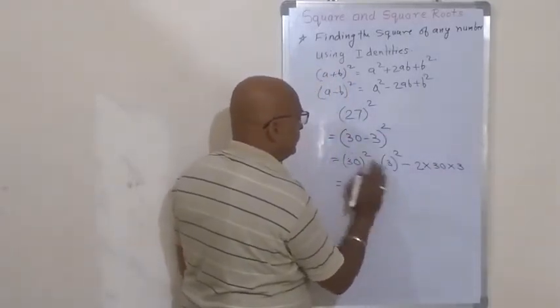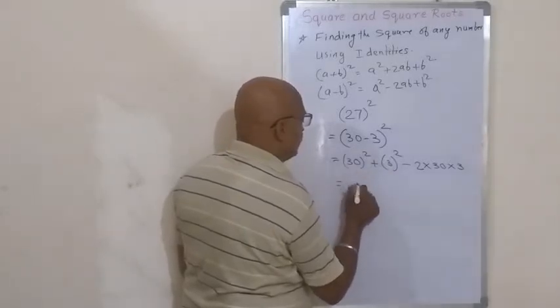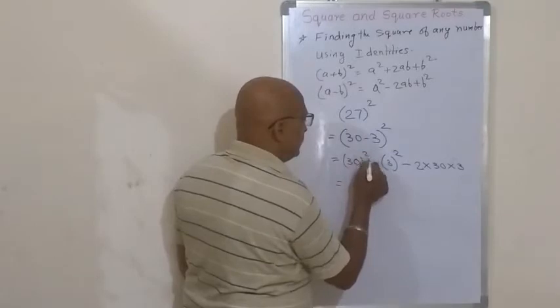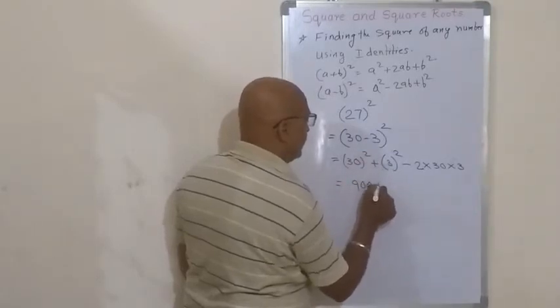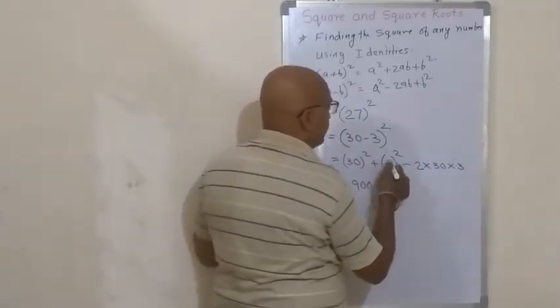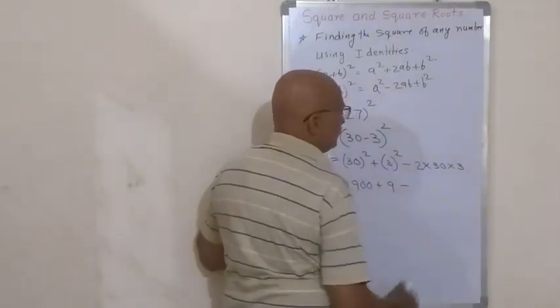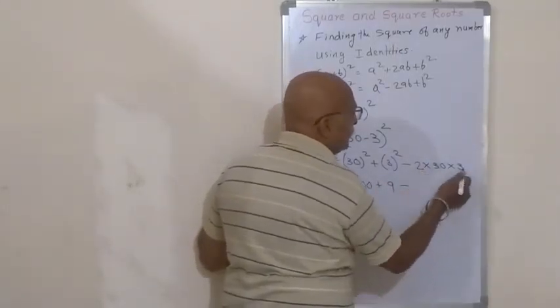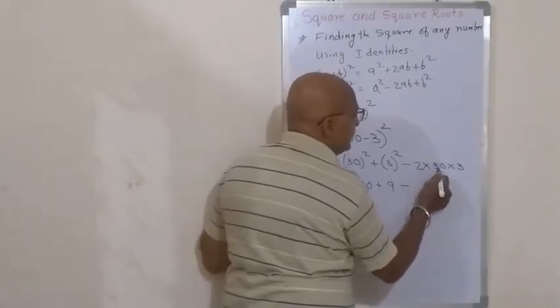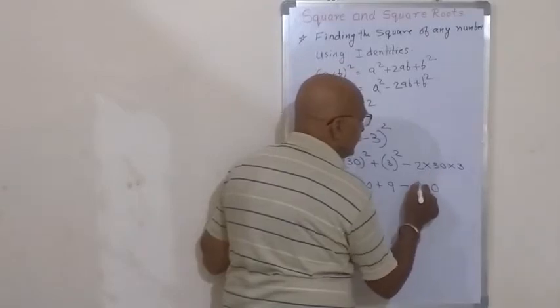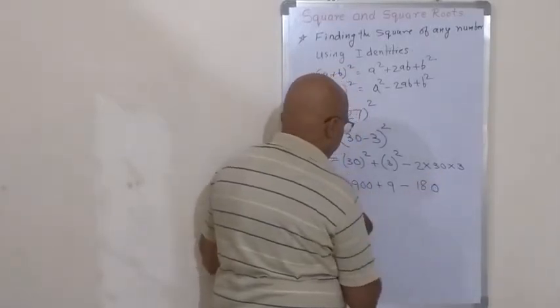Now 0 will remove. 3 square is 9 and 0 is there. So as it is square, so 2 zeros, that is 900. Plus 3 square is 9 minus 2 into 3 is 6. 6 into 30. So 6 zeros are 0, 6 threes are 18.